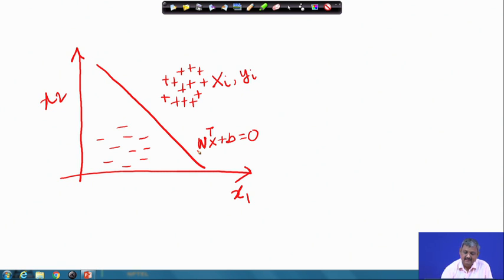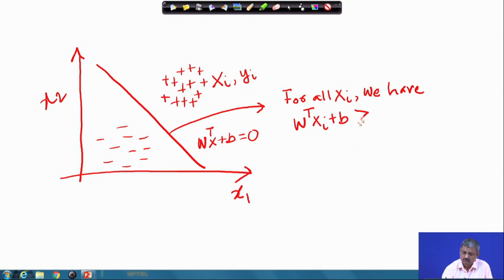This actually means that all positive points should lie on one side, and negative points on the other. So, this line satisfies the condition. Suppose I take some other bad line like this, which is not separating. This will not satisfy it. These points will fail.